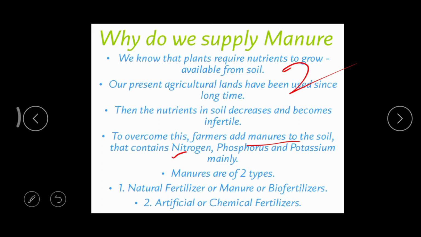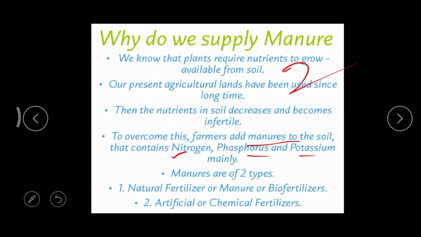One is nitrogen, the next is phosphorus, and the third is potassium. These three are very important for plant growth. That's why in whatever manure or fertilizer we take, we can find these three nutrients.